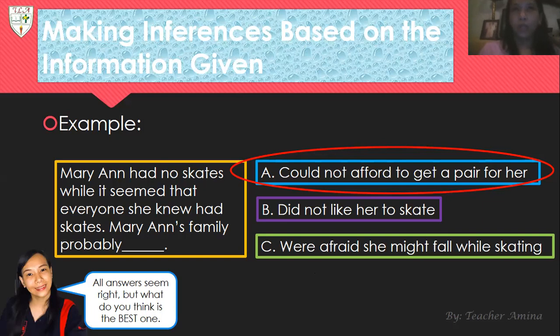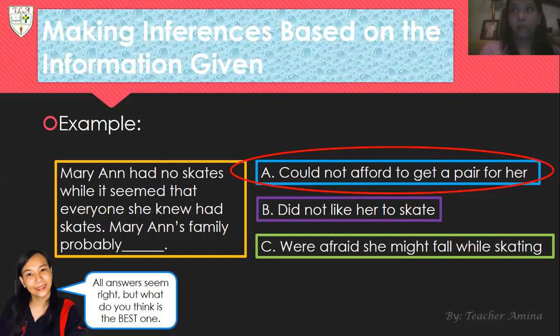Okay, it could also be an answer, but I don't think that parents, in my experience, would not give her skates and not make her the happiest girl just because they were afraid of her falling while skating.